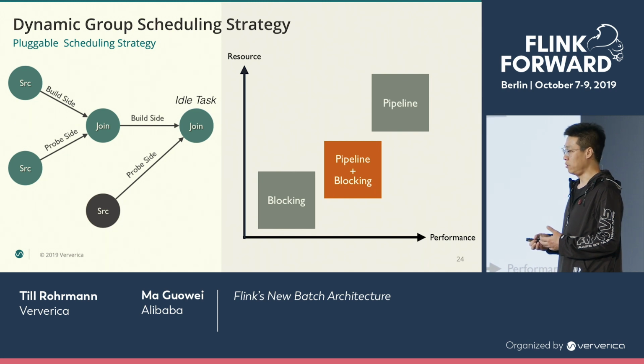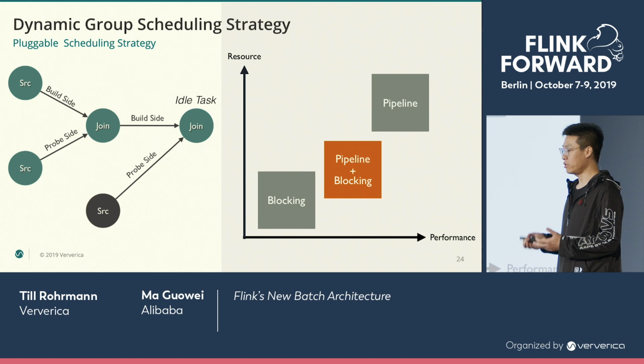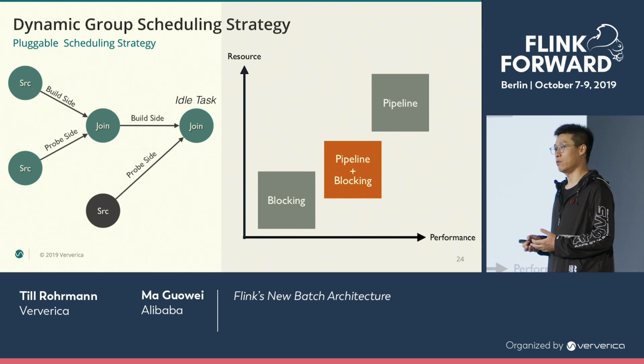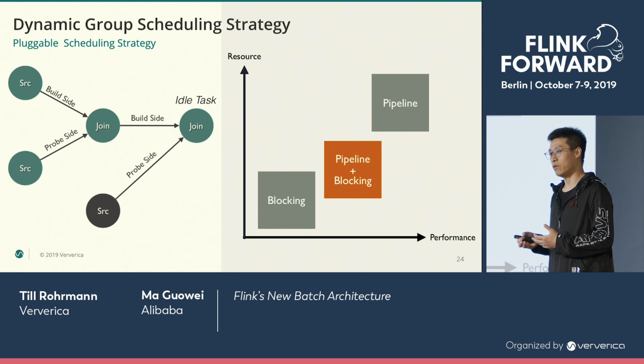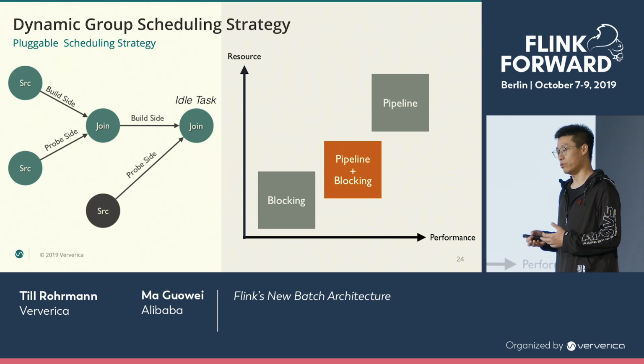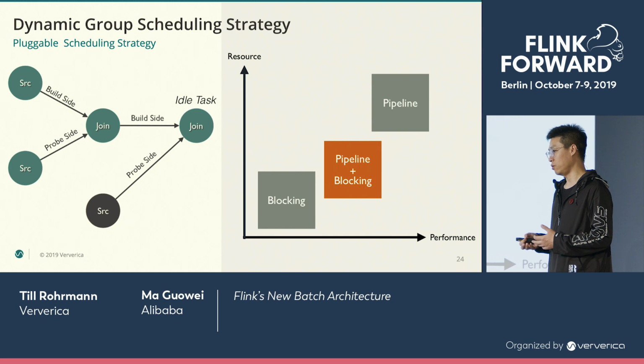Currently, Flink supports two shuffle modes. One is the blocking shuffle. The other one is the pipeline shuffle. In most cases, the pipeline shuffle performance is better than the blocking shuffle. However, most batch job users prefer the blocking shuffle.